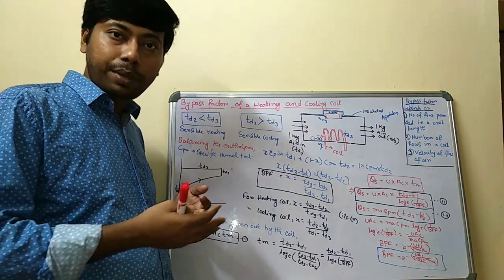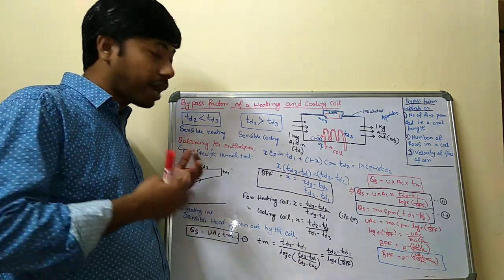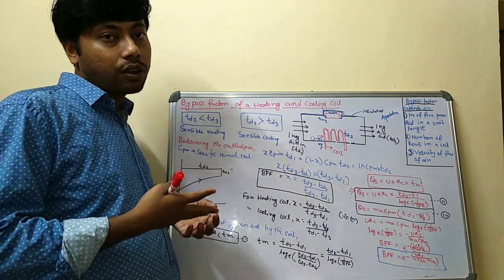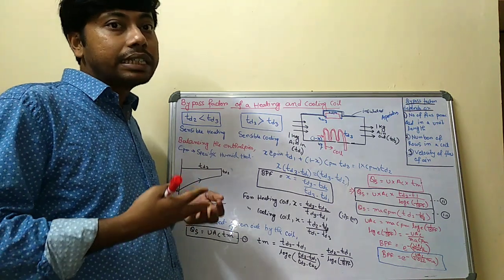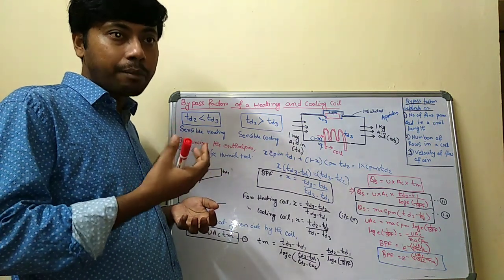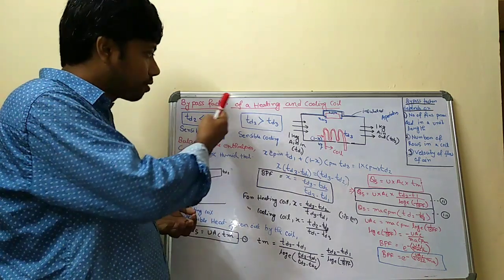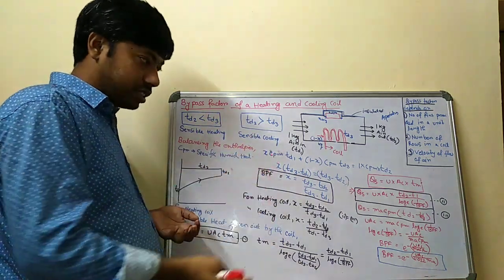So this is the bypass, and this fraction is called the bypass factor. When you calculate this bypass factor for sensible heating and cooling processes, you will be able to learn about these things.